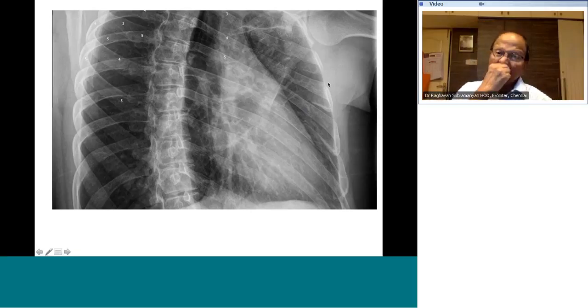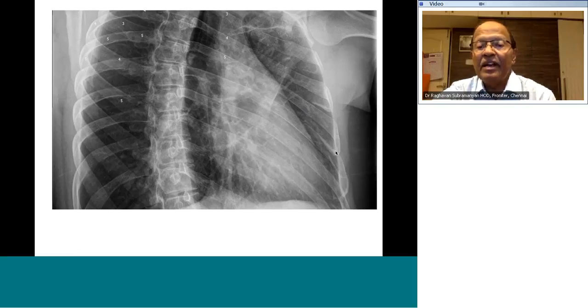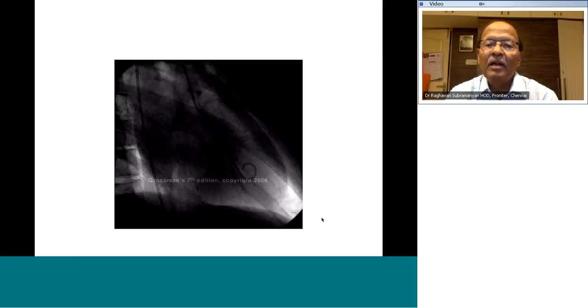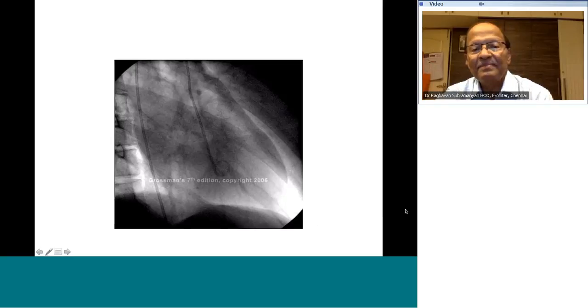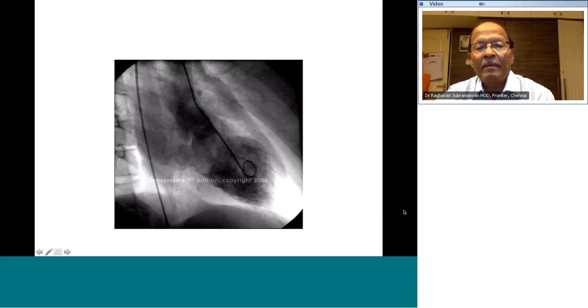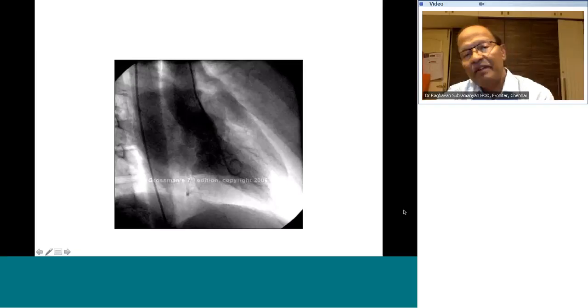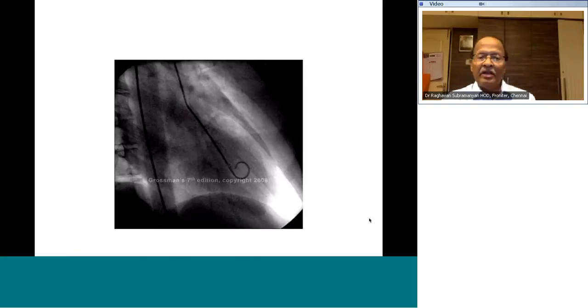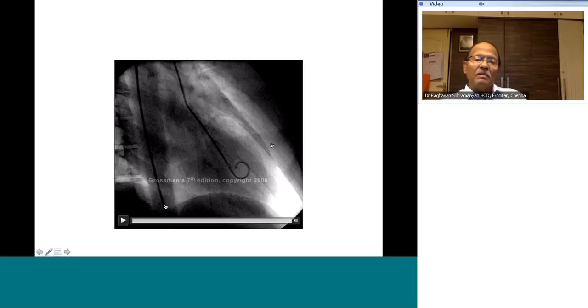Again, once you have a large chest X-ray, it's very easy to identify right anterior oblique view. But when you're looking at an angiogram, you often collimate it into a very small area. Now, how do you identify right anterior oblique view in this? I borrowed this figure from Grossman's book. Here you depend on the position of the spine and the shape of the heart.